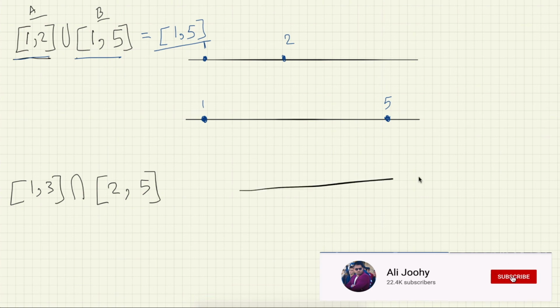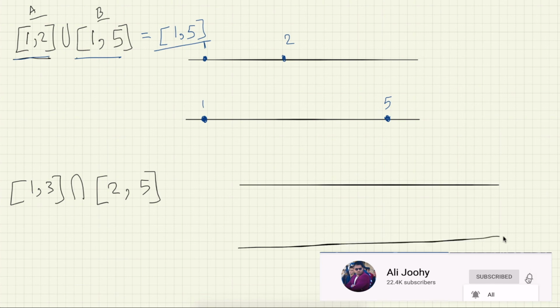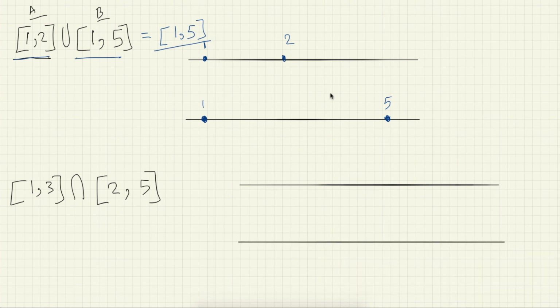Also, the simplest way to find the answer for union, intersection, the difference, I highly recommend if you can, just plot lines like I'm doing now to make it easy. So 1, let's say 2, let's say this is 3, this is the first interval. I'm going to just make them bold to emphasize that these are closed, and here I'm going to take the 2 and this is the 5.